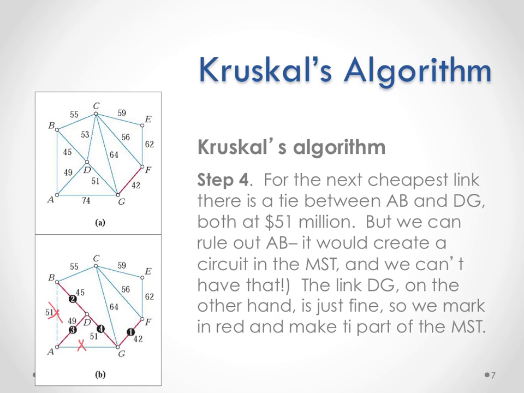So the next cheapest one in our graphic here is 55. And when we do 55, that eliminates 64 because that would complete a circuit. When we do 55, it also eliminates 56 because that's a circuit. And so now we only have two choices, right? We can go C to E or F to E. We want the cheapest link, so that makes this the cheapest link.